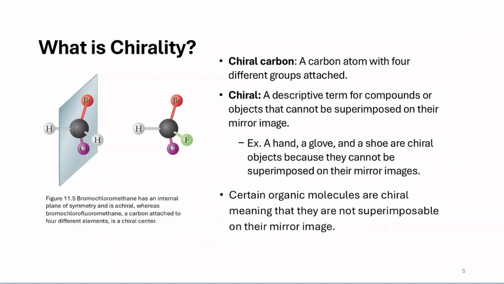By definition, a chiral carbon is a carbon whose mirror image is not going to be able to be superimposed. When it comes to chirality in objects in everyday life, you may have encountered chiral objects.